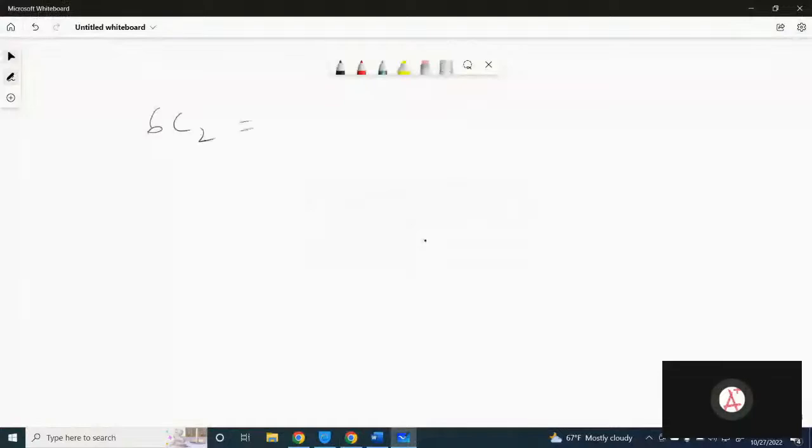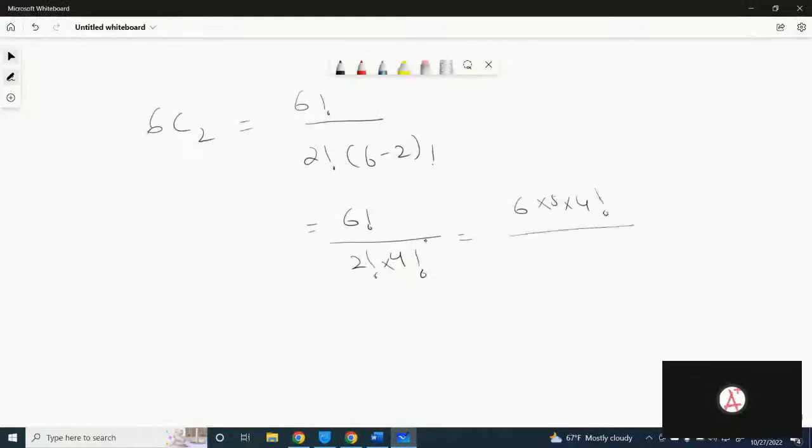6C2. Okay, it would be 6 factorial divided by 2 factorial times (6 minus 2) factorial. So it would be 6 factorial, 2 factorial is 2, and 6 minus 2 is 4 factorial. Got it? Let's just calculate the value. 6 times 5 times 4 factorial, over 2 factorial times 4 factorial.